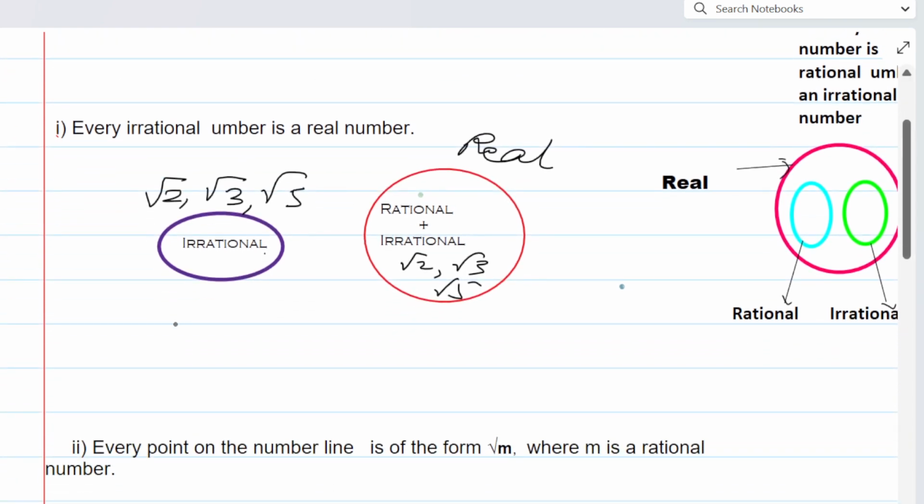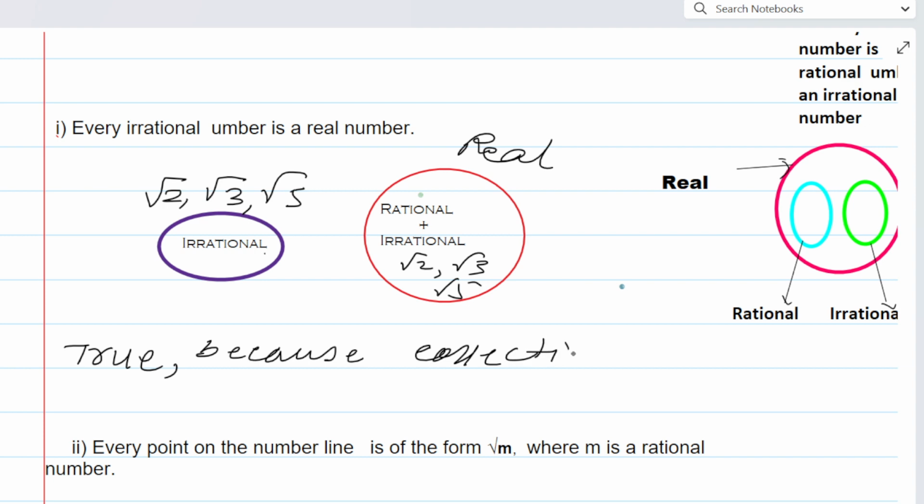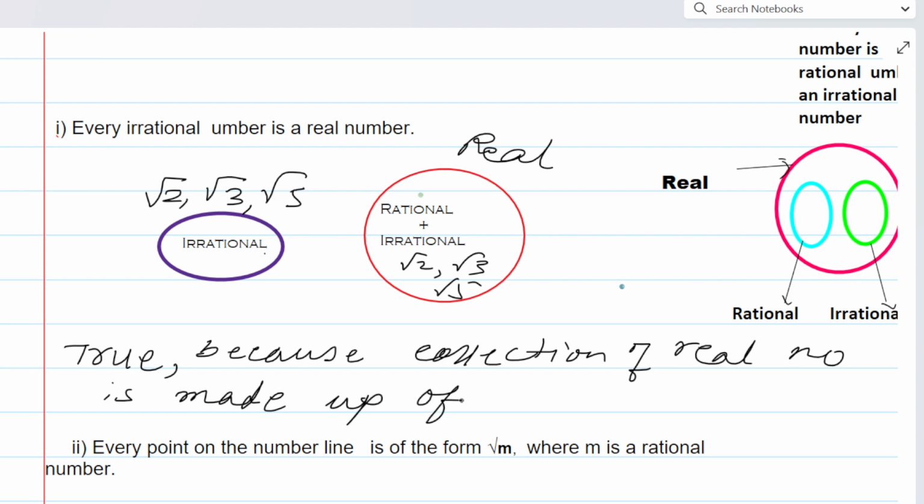Any problem? So yes, write the answer now. True. This will be true. Why? Because the collection of real numbers is made up of rational and irrational numbers.